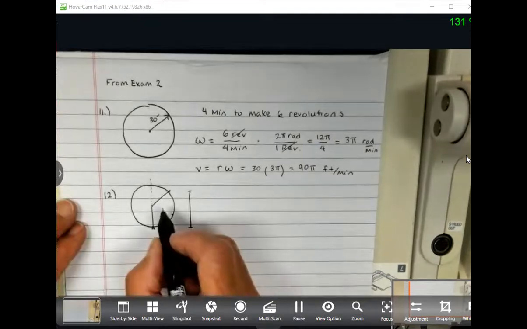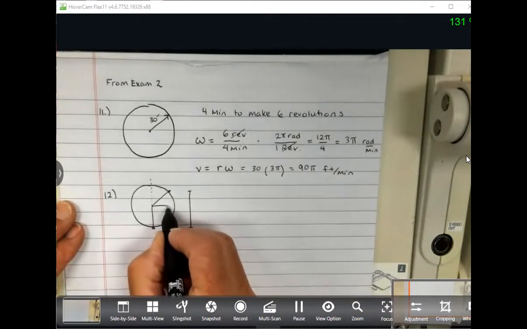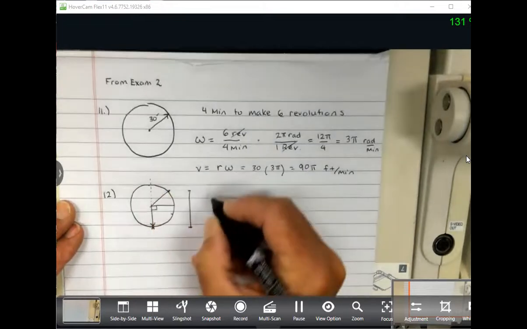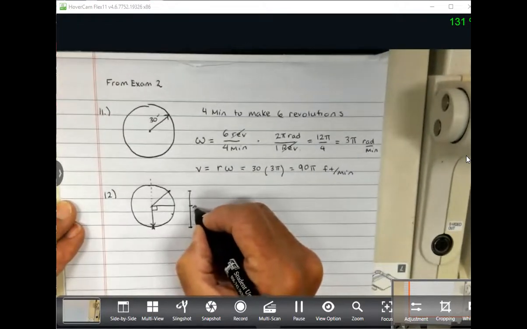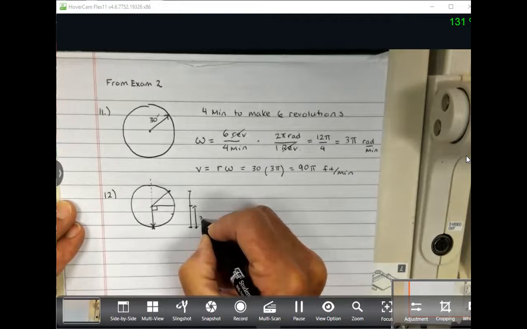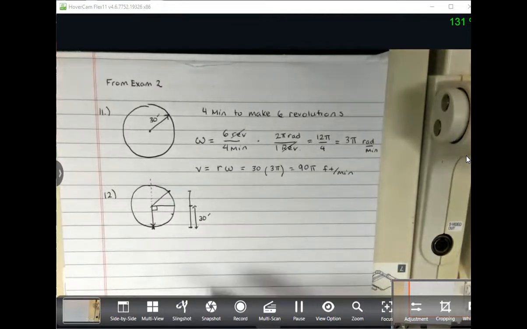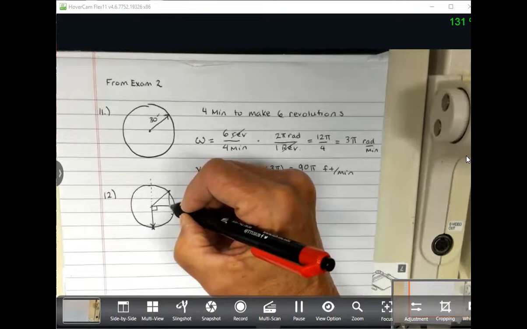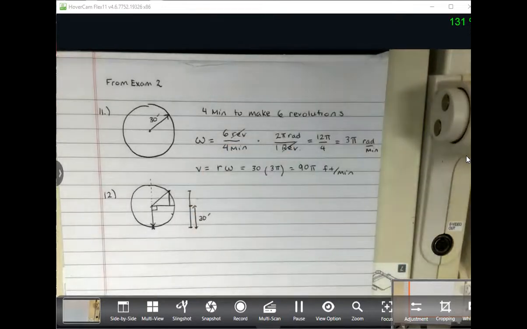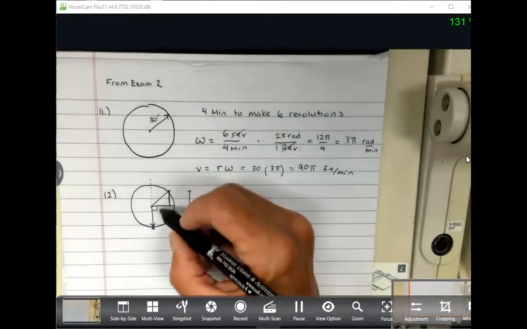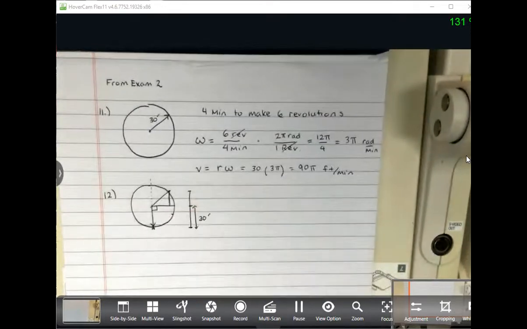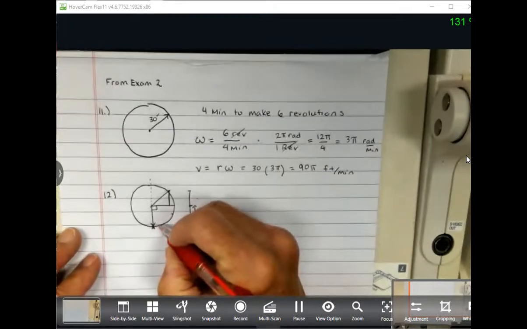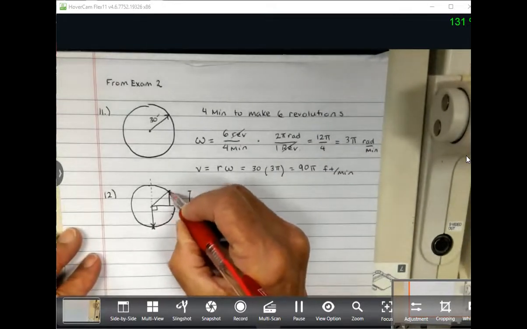So if I put this right angle here, I know this amount is the radius. So this part here is the 30 feet. This part is the y value in this right triangle. Now, this entire angle from here to here was 2 pi over 3.